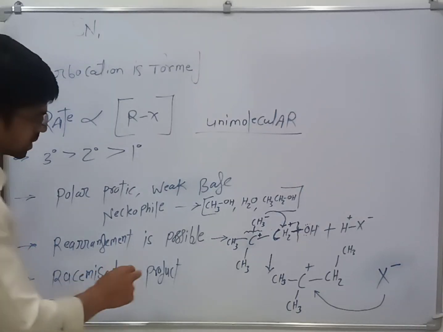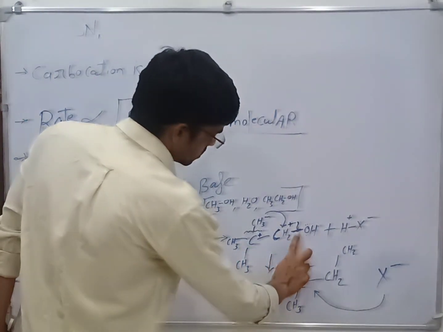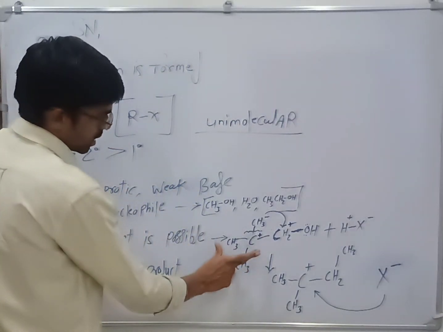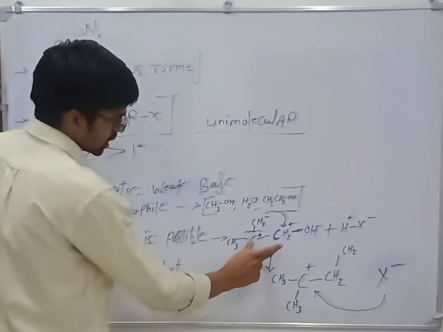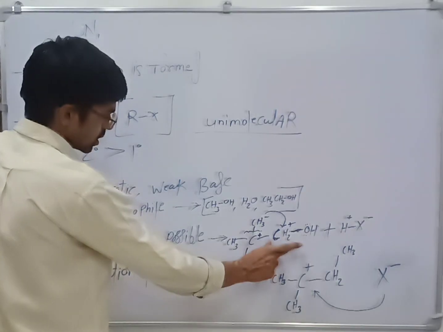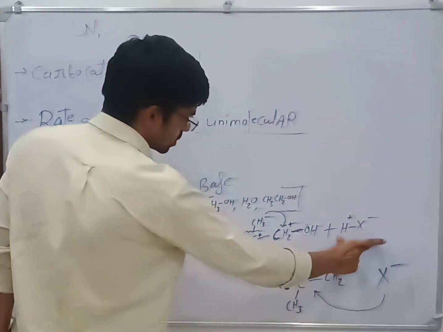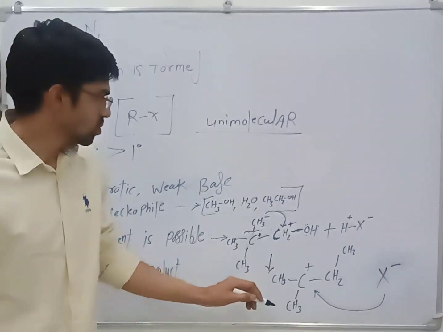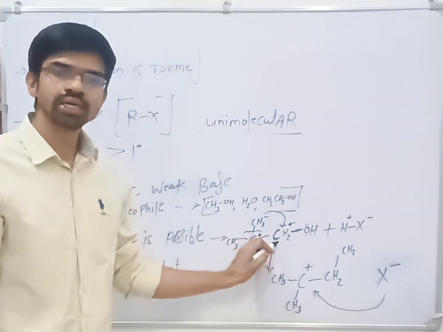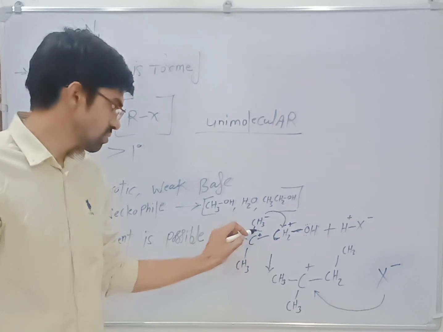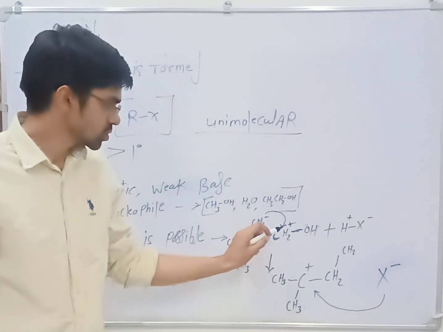See what happens here. We are having a 3 degree carbon and the adjacent carbon of the 3 degree carbon is a 1 degree carbon, and we are reacting this reactant with the halogen acid. Because this is a 1 degree carbon, it is an unstable carbon. So one CH3 will move from here and get attached to this carbon.